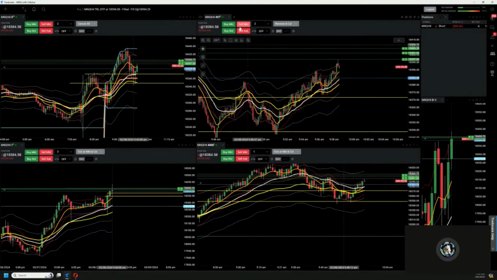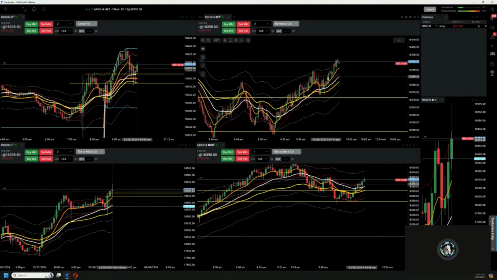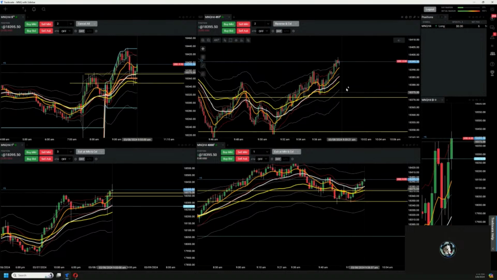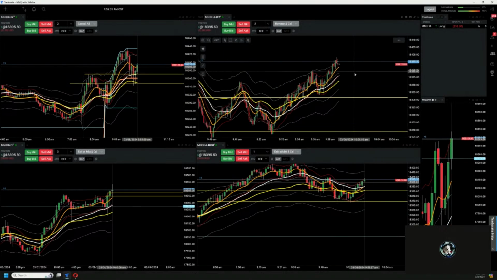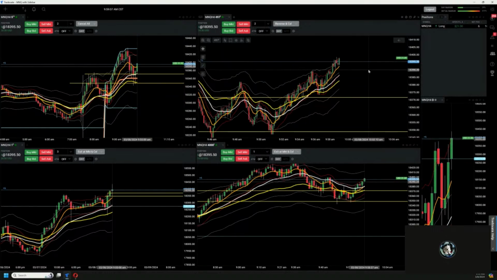Now the question is, is this the reversal? Order filled. I think we might be on the reversal here. I'm going to get out here though, if it doesn't work. 2, 4.